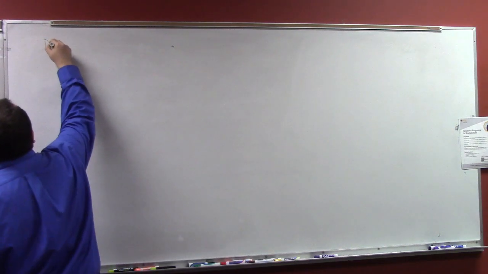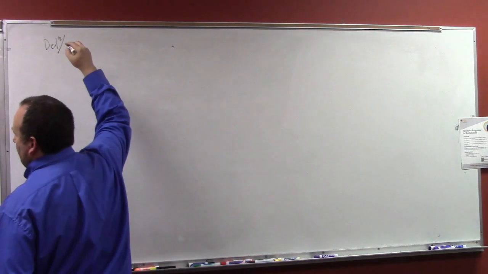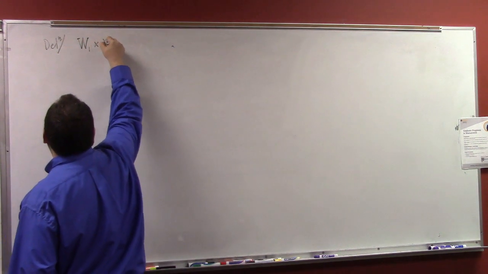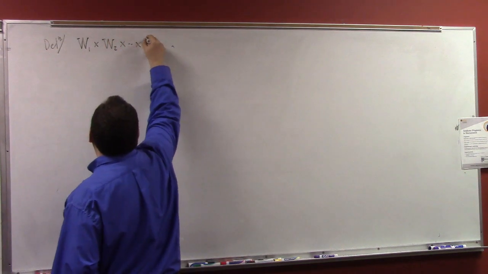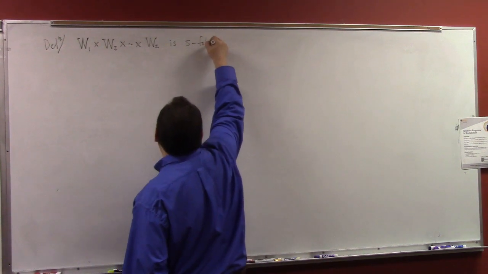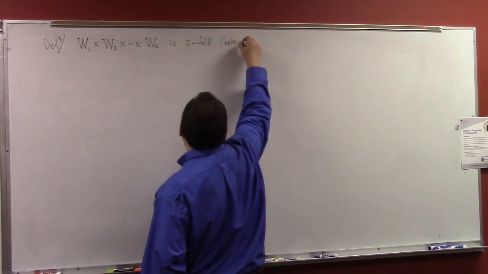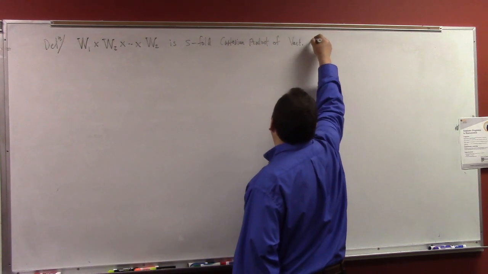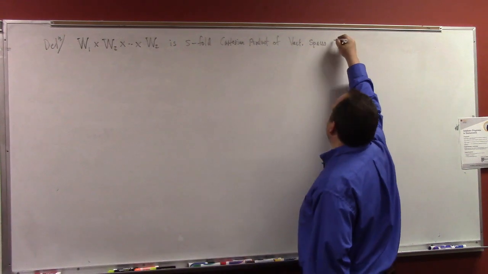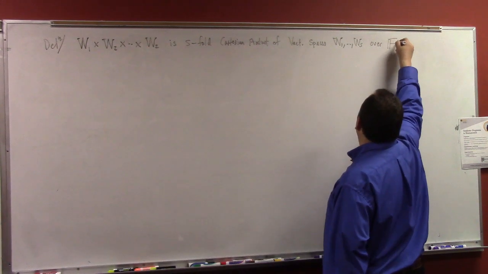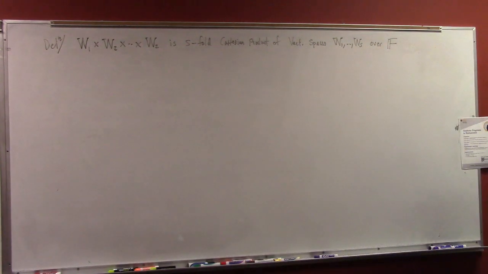So, definition: of course you can take W1, W2, WS, the S-fold Cartesian product of vector spaces W1, WS over F. So if we can do it for 2, we can do it for S. All right?